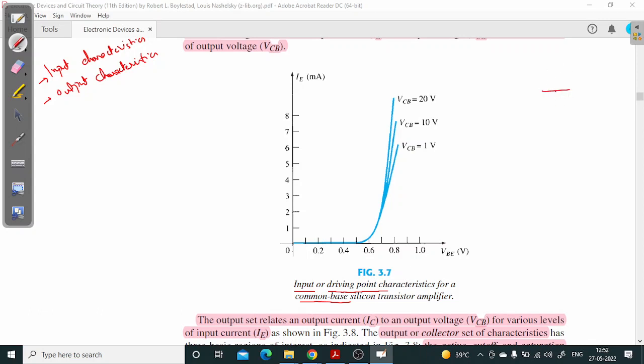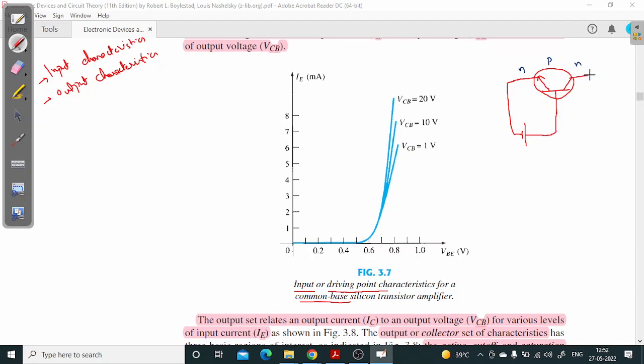So just for convenience, I will draw the common base. Let us take NPN. So the arrow is pointing outwards. So this is the transistor, this is NPN. The arrow will define which type of transistor it is. So N is connected to negative, P is positive, it is forward biased.